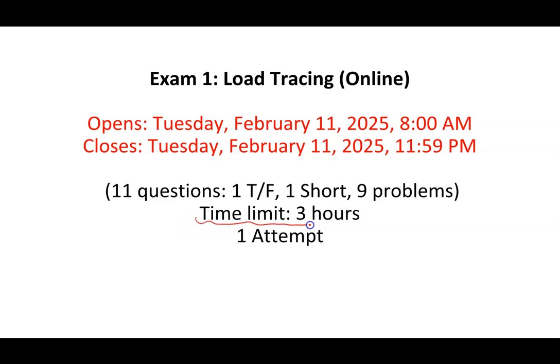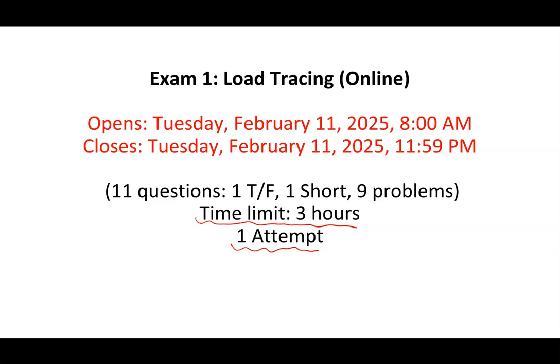Exam duration is 3 hours. So make sure that you start early enough so that you have the whole 3 hours to work on your exam. And you will only have one attempt.